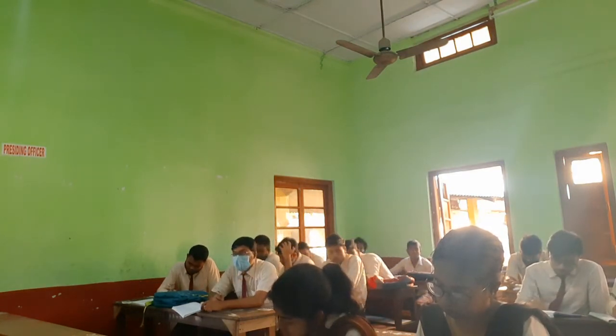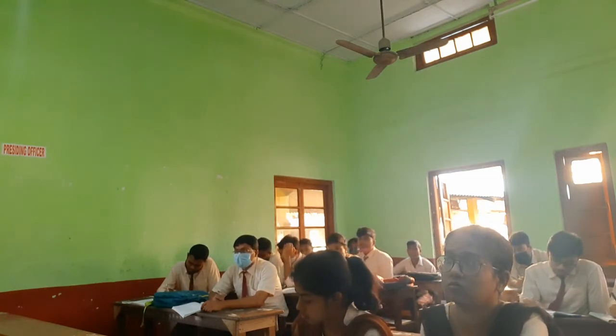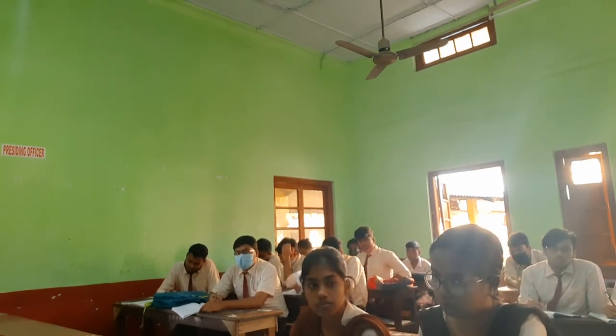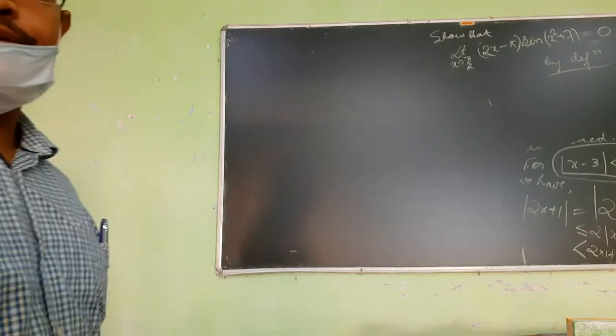Try it, very simple. Just use the definition of sine or a property of the sine function. Sine of x square plus 7, can you write it less than something? Less than 1.